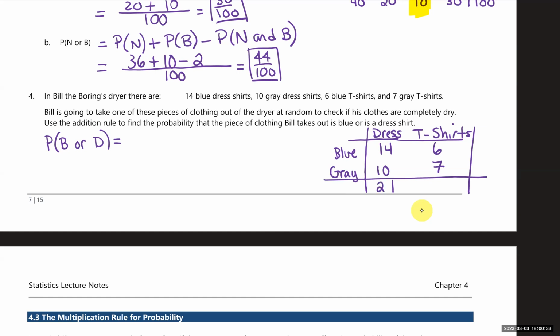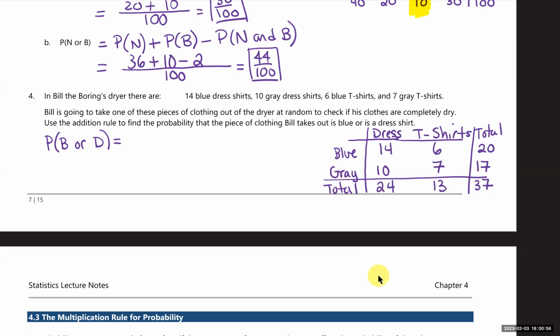He's got 24 dress shirts, 13 t-shirts. So if I add those together, that'll be 37 pieces of clothing. But then he also categorizes them by color. So he's got 20 blue and 17 gray shirts.